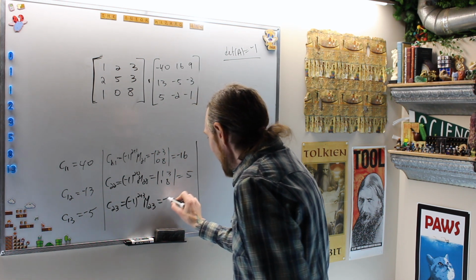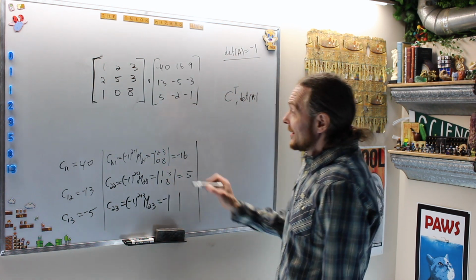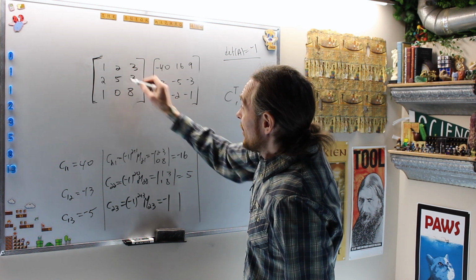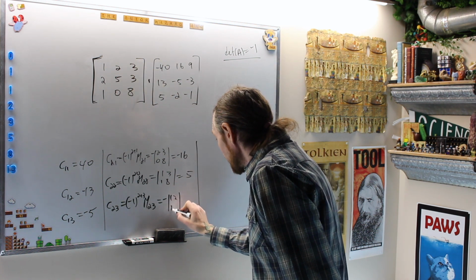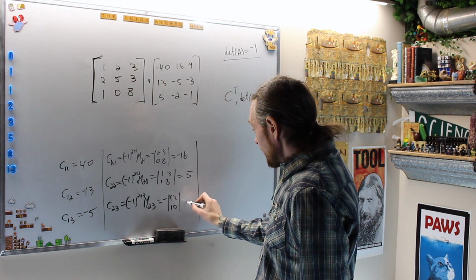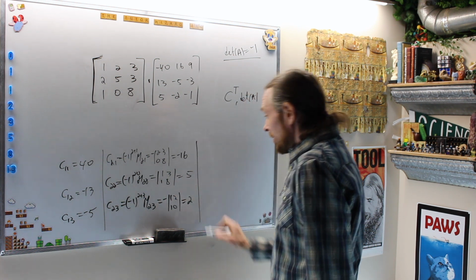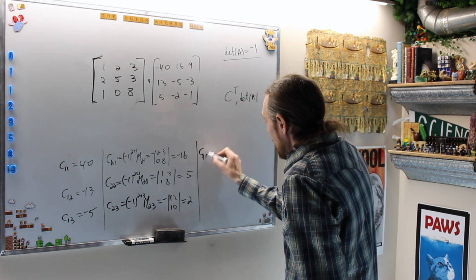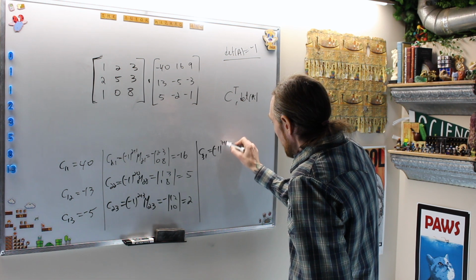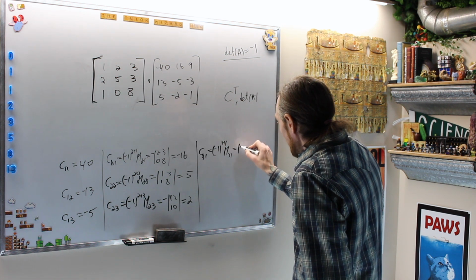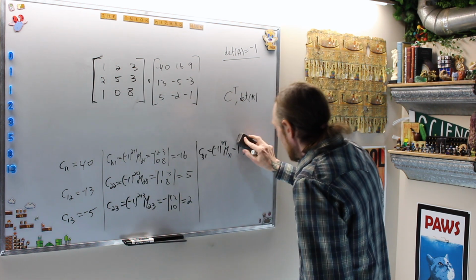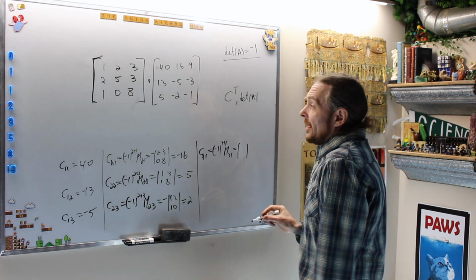2, 3, which is negative M23, which is negative 2 and 3, which is 1, 2, 1, 0, which is 0 minus 2, which gives me 2. C31 is equal to negative 1 to the 3 plus 1, M31, which is M31, which is equal to what? I don't know.